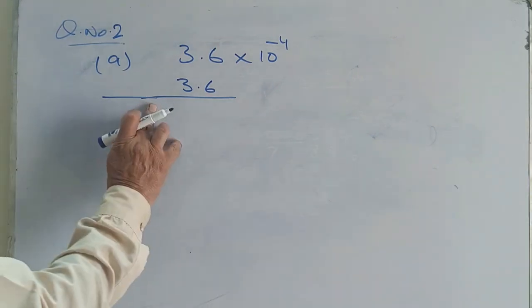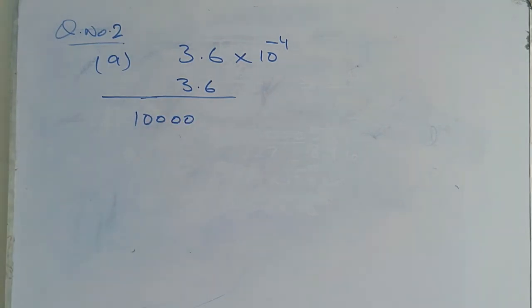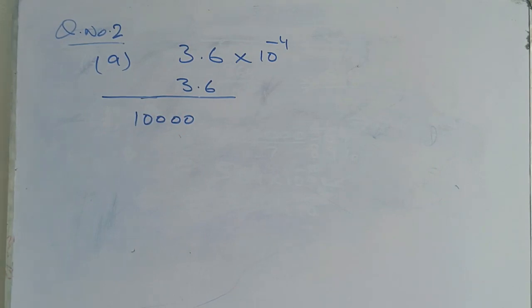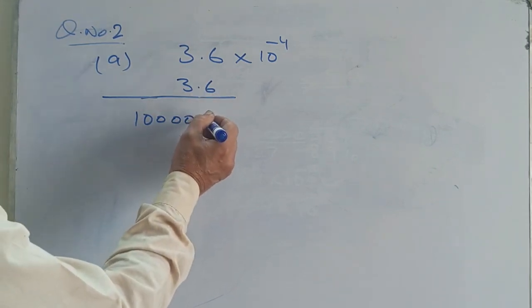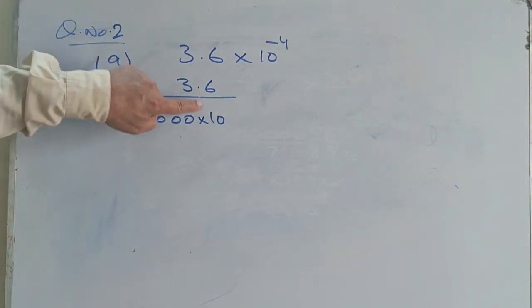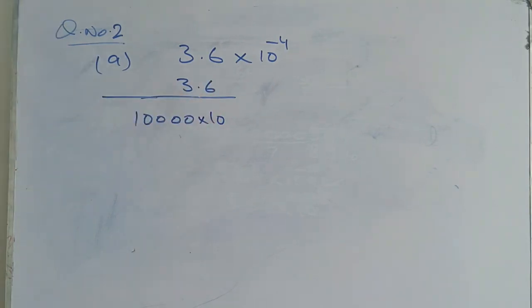Or you can write it like this, 1, 2, 3, 4. And also this point has to be removed. So for this point I am going to write this 1 under the point and 0 after each digit.